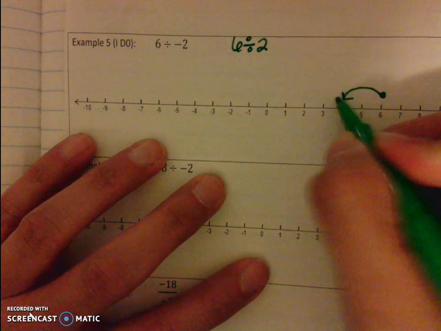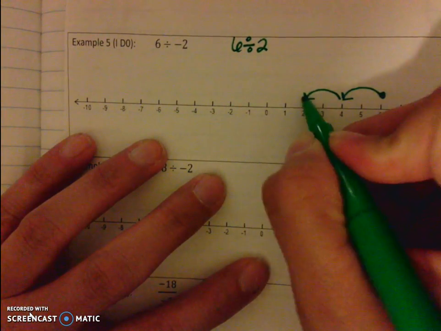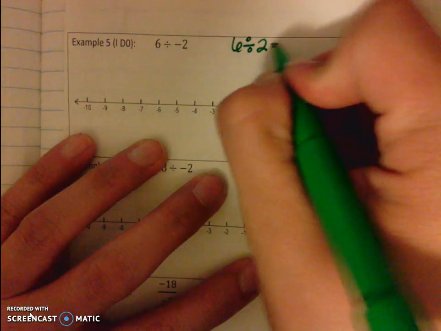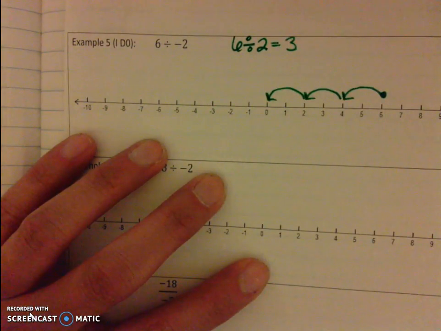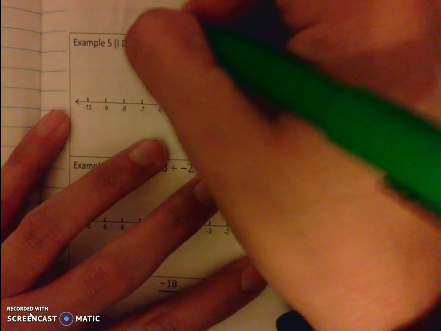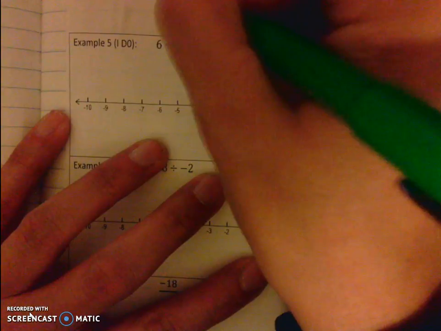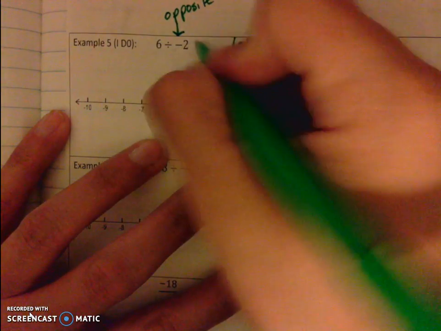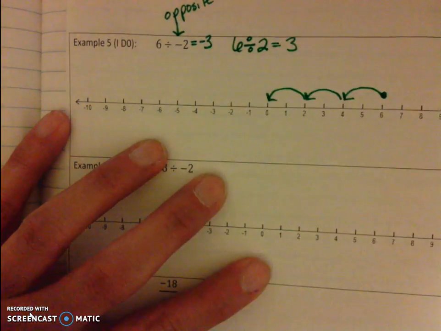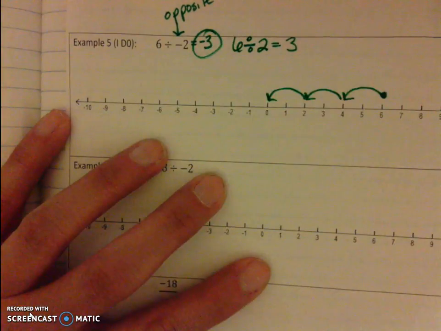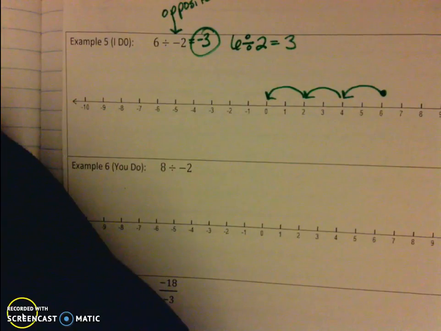It's 1 group, 2 groups, 3 groups. So 6 divided by 2 is 3. But since this is a negative, my answer is going to be the opposite. What's the opposite of 3? -3. Okay, so go ahead and pause it here and try number 6.